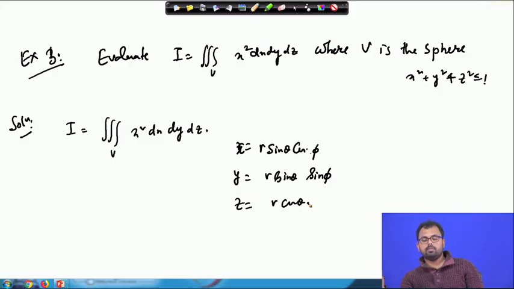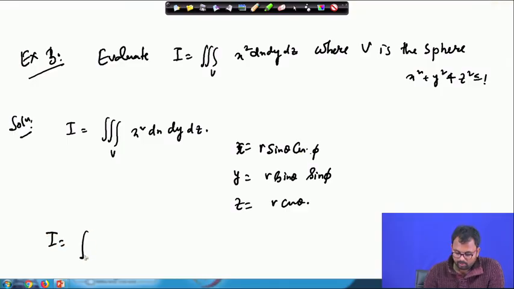Then on the right hand side we will have dr d theta and d phi, and we substitute the value of x, which is r square sin square theta cos square phi. Ultimately this whole thing will reduce to r varying from 0 to 1, theta varying from 0 to pi, and phi varying from 0 to 2 pi.